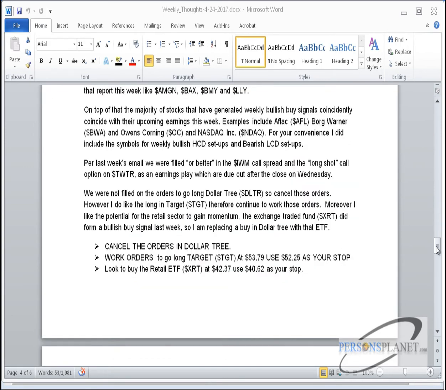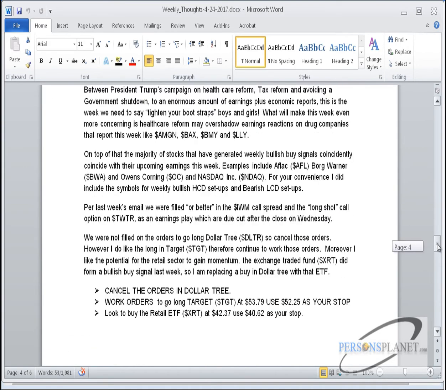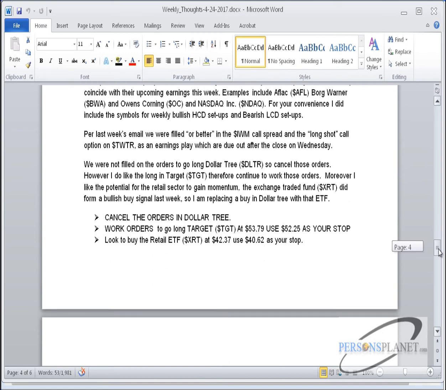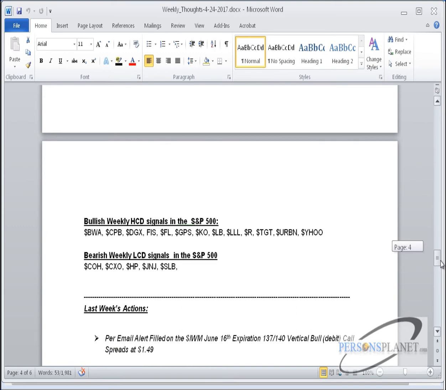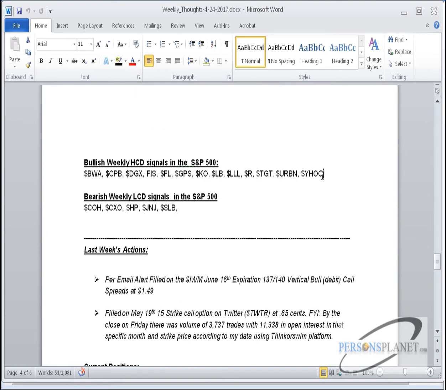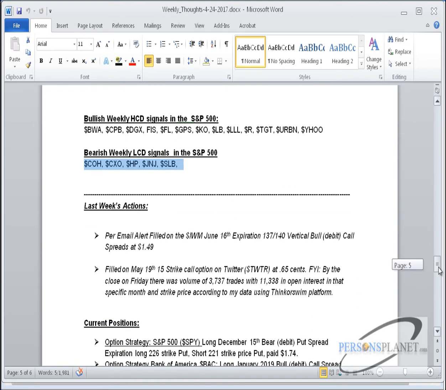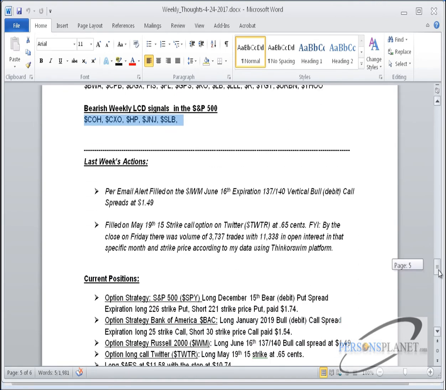All right, so basically we go down and look at different trades, whether or not they are from our email alerts, which we'll share with you. Also, we go through what bullish signals are for the current week and what bearish signals exist for the week. We put down what last week's actions were. For example, we were filled on a Russell IWM 37/40 vertical bull call spread.